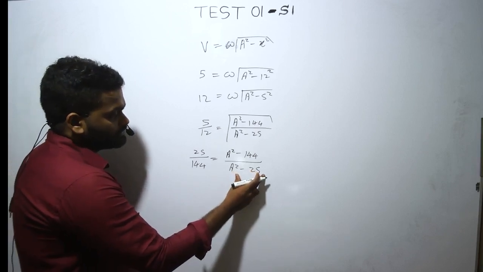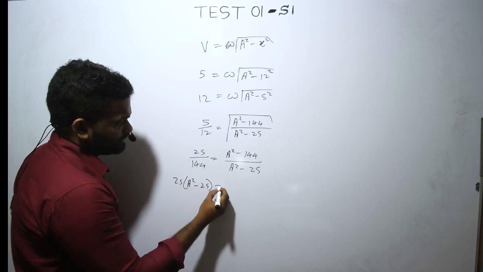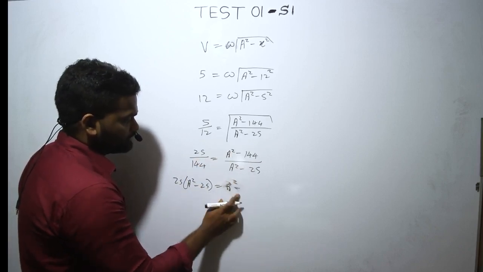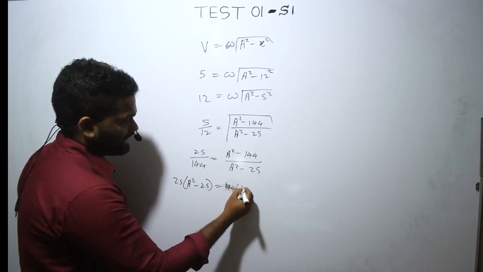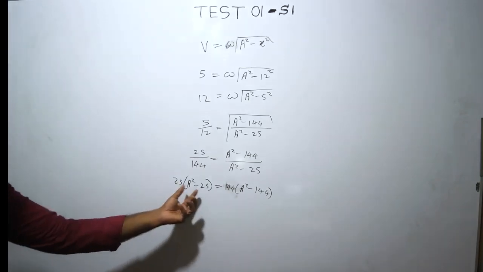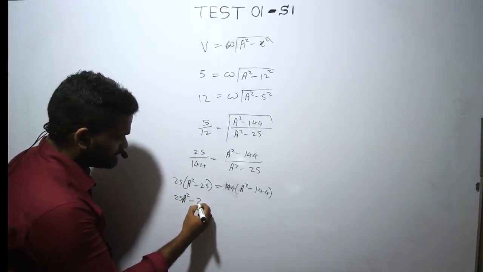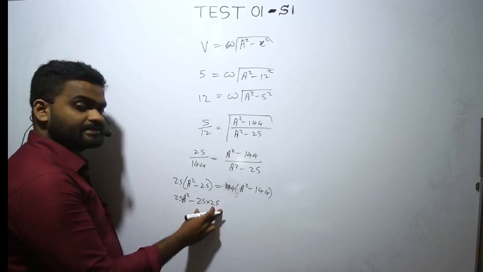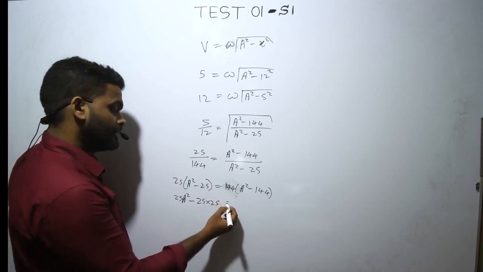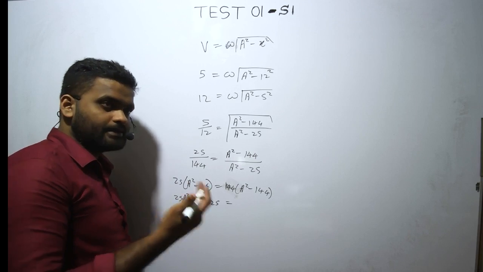So cross multiply: 25 times (A squared minus 25) equals 144 times (A squared minus 144), right? So take out the brackets. 25 A squared minus 25 times 25. I'm not going to write 625, right? Just 25 times 25. As much as possible, just avoid simplifications.